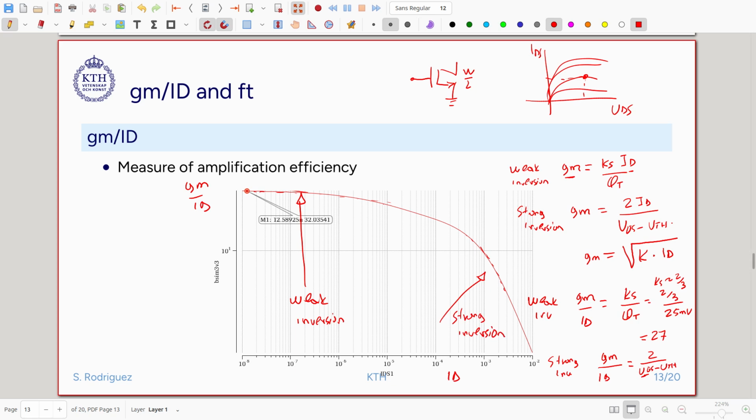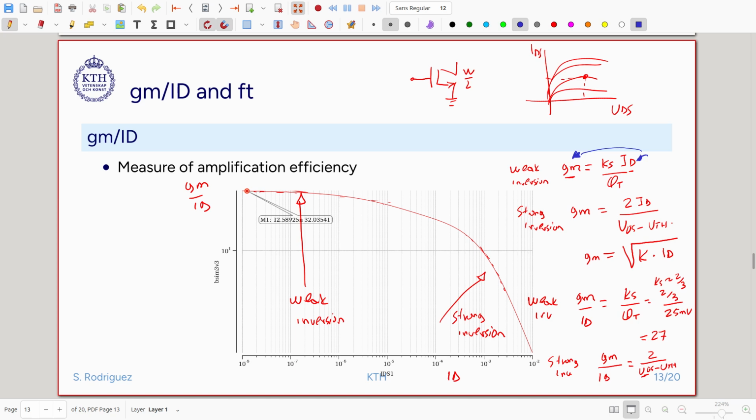Now why is this important? Think about this. When you put some current, it is going to create some power consumption. You really want to get amplification back. You really want your transistor to amplify the signal. If you put in a lot of current and you don't get amplification, then you are wasting power.